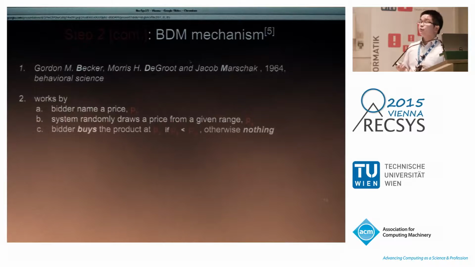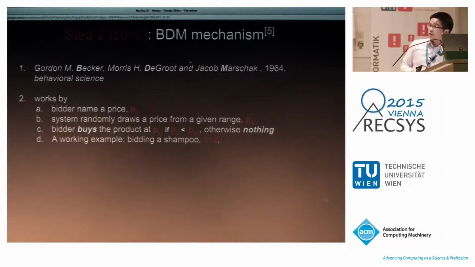So now we have 2 prices, right? One from the user and one from the system. Now we compare the user's price to the system's price. If the user's price is higher than the system's price, the user will be able to buy the product at the system price. So let's look at a working example.